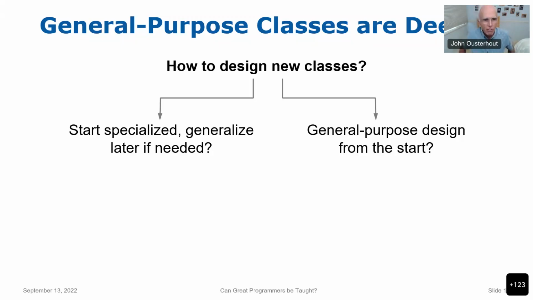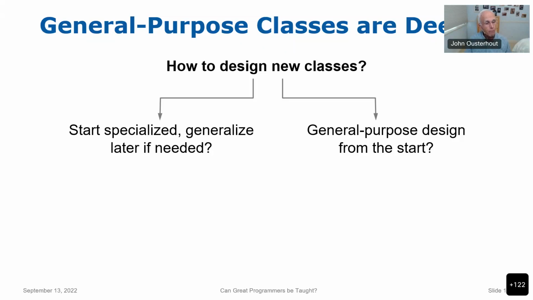Okay, so the next issue is general purpose classes. This cuts to what I think is a really important problem that everybody faces when you're doing software design. When I'm designing a new class, I can take two approaches to that.